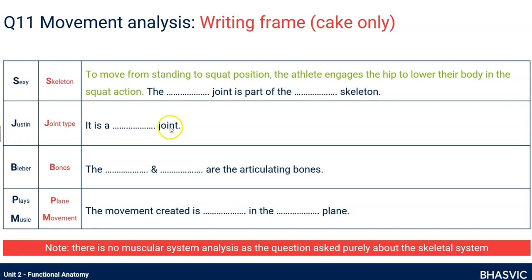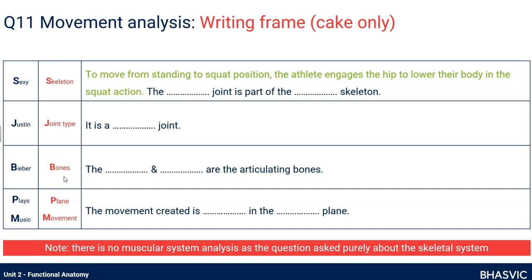So you might write here, it is a cartilaginous joint, full stop. Or you might write here, it is a synovial pivot joint, and I've put those 2 together, synovial being the classification, pivot being the type of synovial joint that it is. And I think that's a good way to go about it. So I'd like you to write synovial ball and socket, synovial hinge joint.